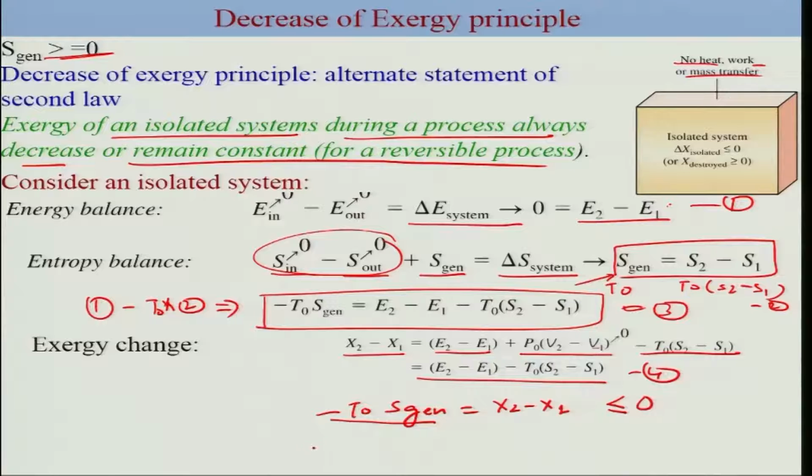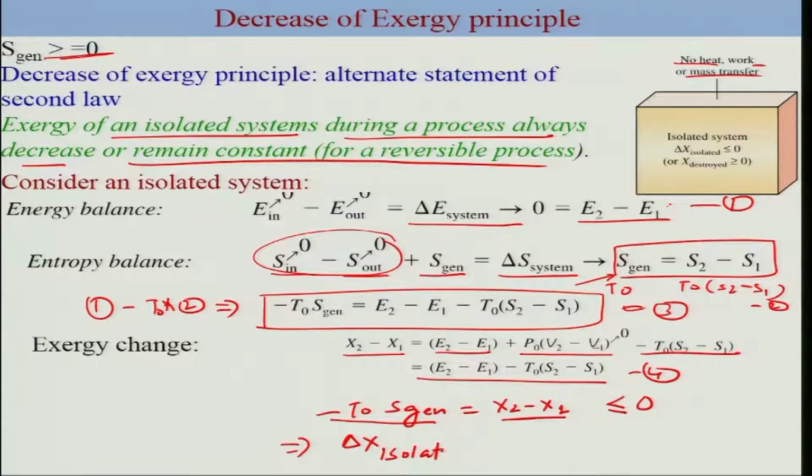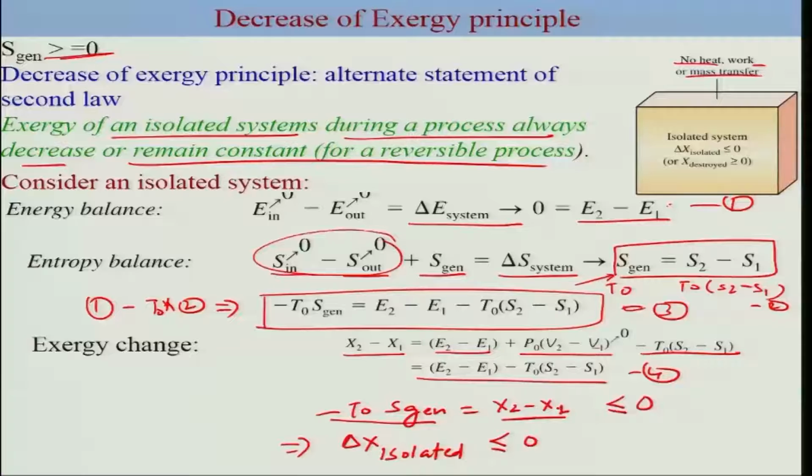So in other words, delta X for an isolated system is going to be less than or equal to 0. This derivation tells you that the entropy increase principle for an isolated system, which is equivalent to the second law statement, can also be written in terms of decrease in exergy for an isolated system, as shown here.